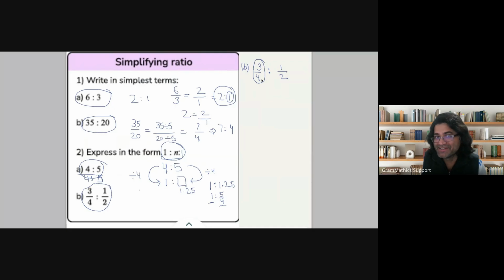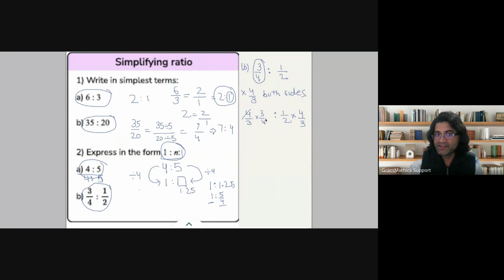So we divide by 3. And because 4 is the denominator, we multiply by 4. So what we are doing is we multiply by 4 by 3 on both sides. So when we do that, 4 by 3 times 3 by 4 here, and the ratio 1 by 2 times 4 by 3 here. So I'm multiplying by 4 by 3 on both sides.